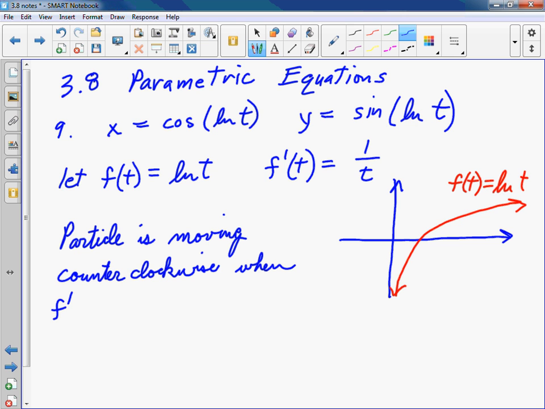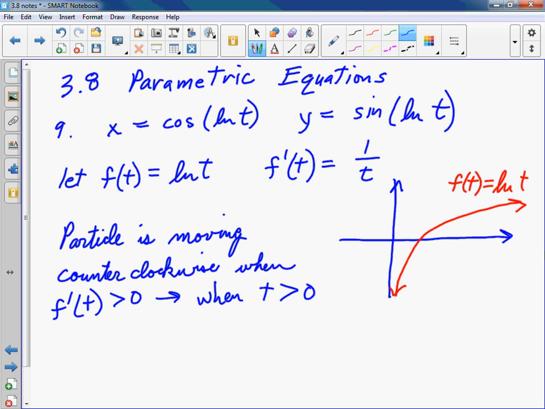f prime of t is positive, greater than 0, which is everywhere. This means that t is greater than 0. Did you notice for this graph, all t are positive?